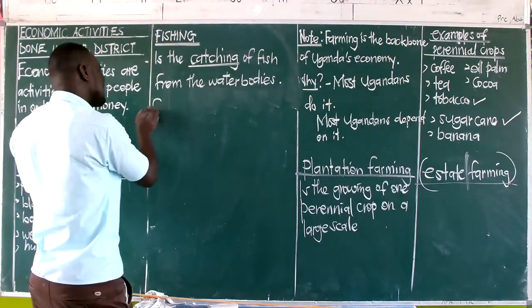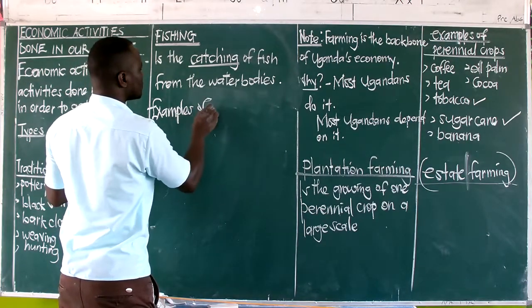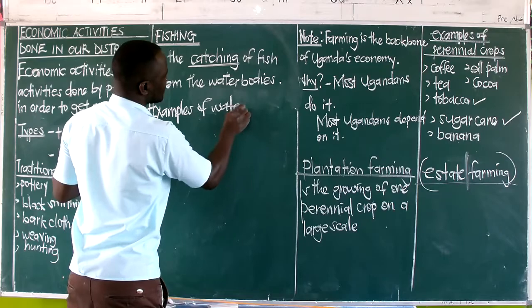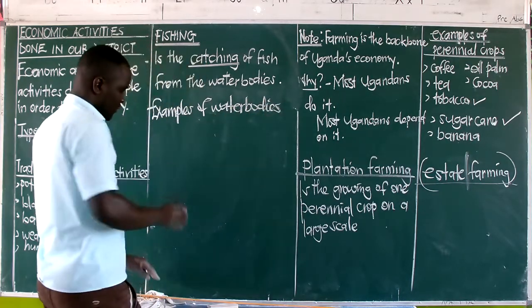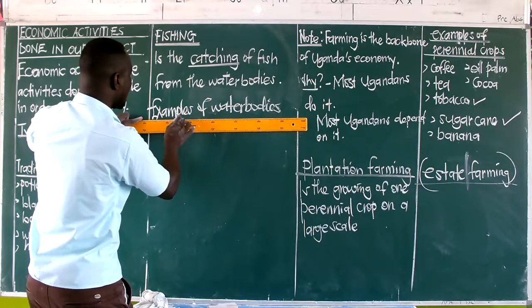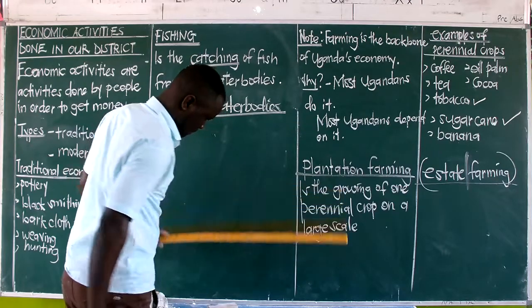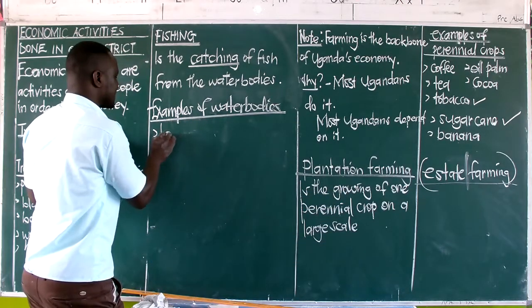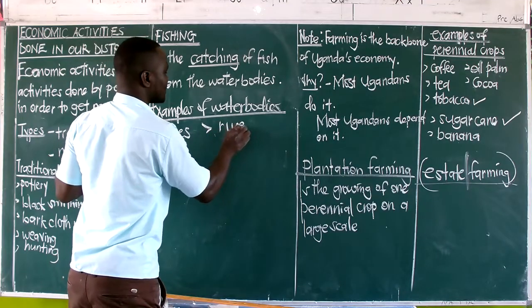Now we need to understand which are the examples of the water bodies where that catching of fish takes place. Which water bodies are these? We are going to look at the ones that we have in our district. We have lakes. We have rivers.